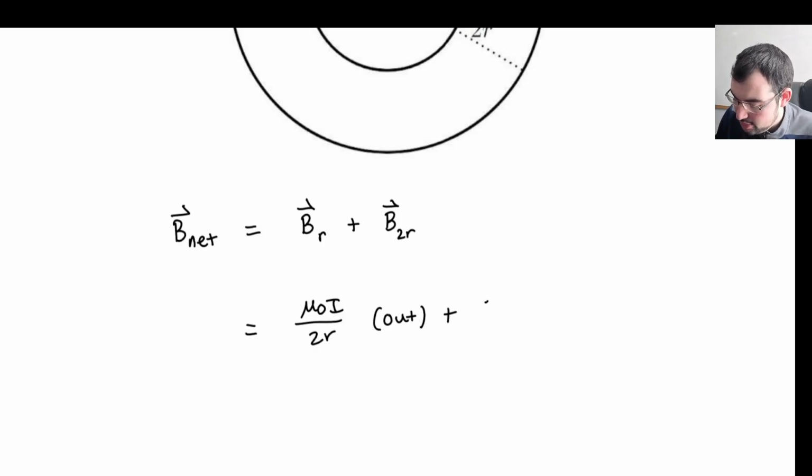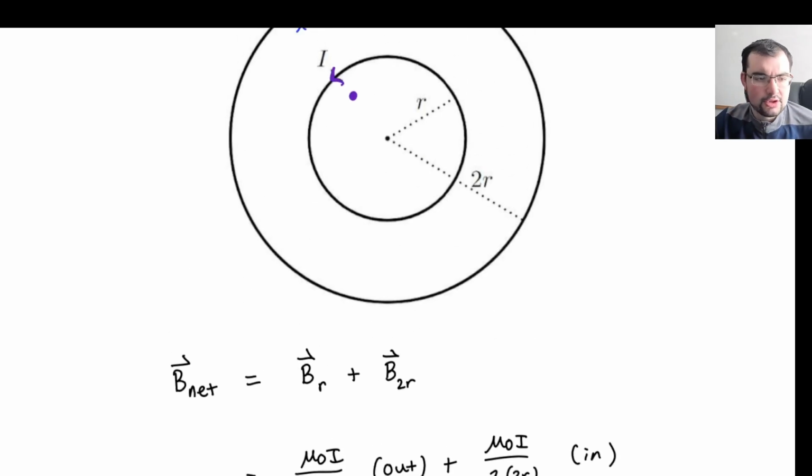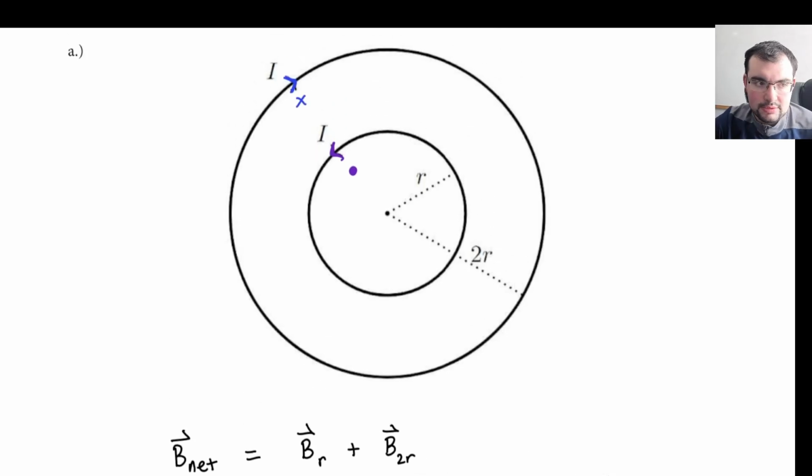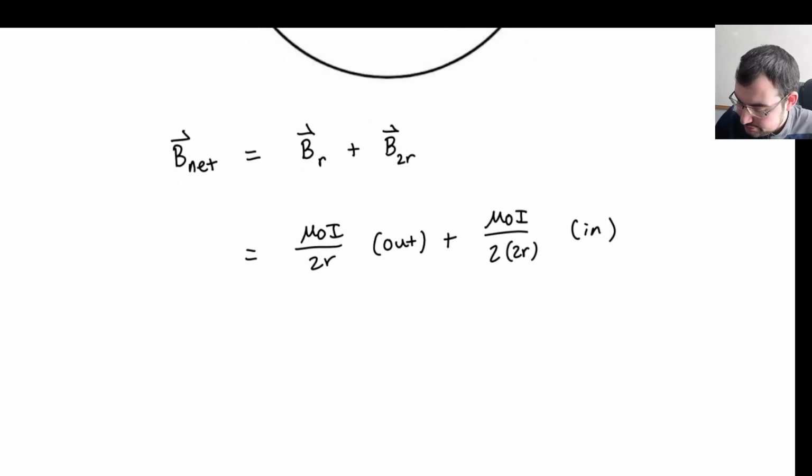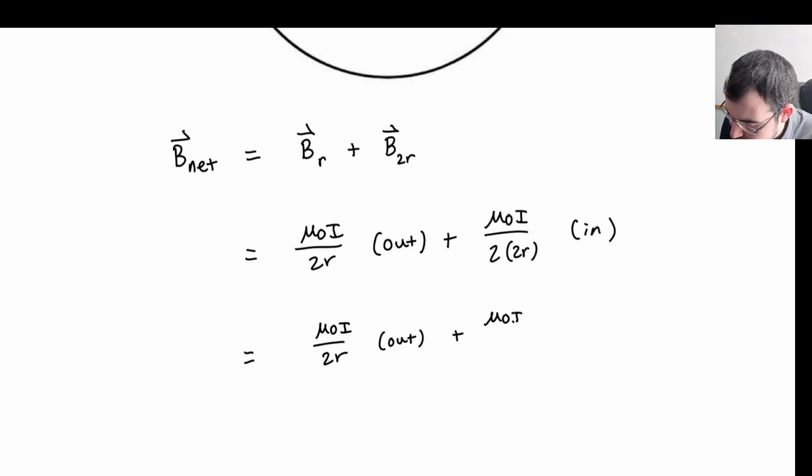And then mu naught I over 2 times 2r, which is going to be in, right? So just justifying that, we have double the radius, and we also know that it is into the page. So we get mu naught I over 2r out plus mu naught I over 4r in.